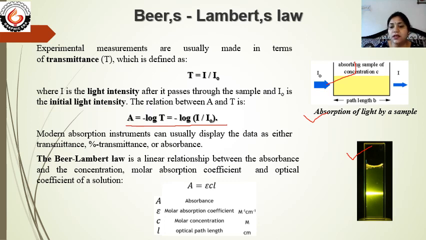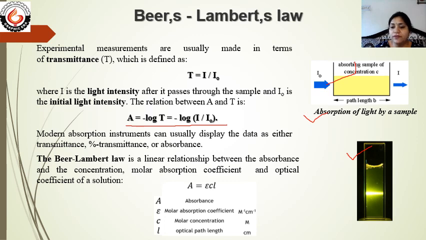So absorbance is directly proportional to the concentration of the solution and path length. More is the path length, less will be the transmittance and more will be the absorbance.